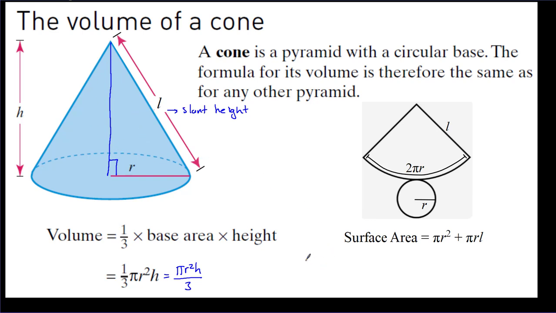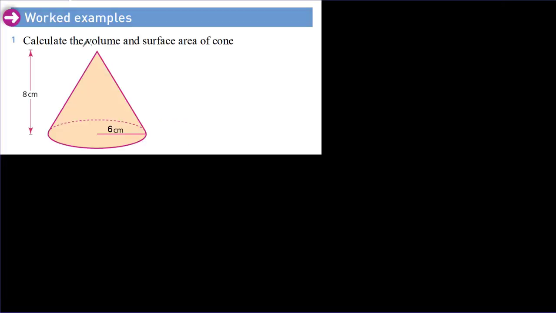And in this right triangle, r squared plus h squared is going to be equal to l squared. So this is the relation between the three variables in the cone, and if two of the variables are given, the way to find the third is that one. Now we are going to continue with the exercise here.